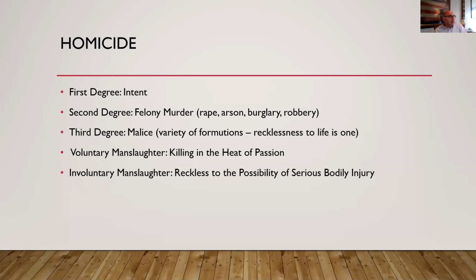Second-degree murder is felony murder. And this means that during the course of your robbery, your rape, your burglary, or your arson, someone dies. They have to die somehow connected with what you've done. It can't be that a lightning bolt strikes the person on the head as you're robbing the bank.